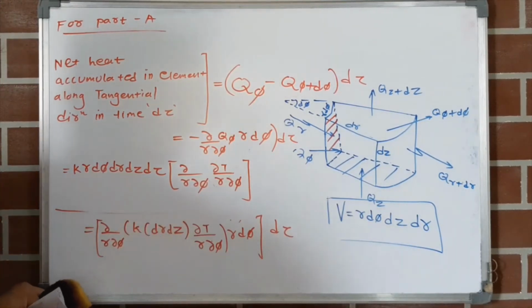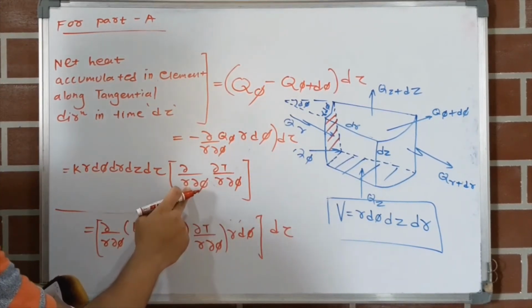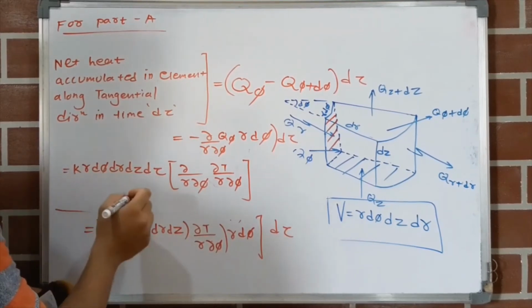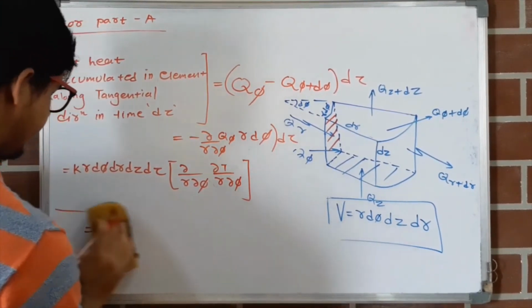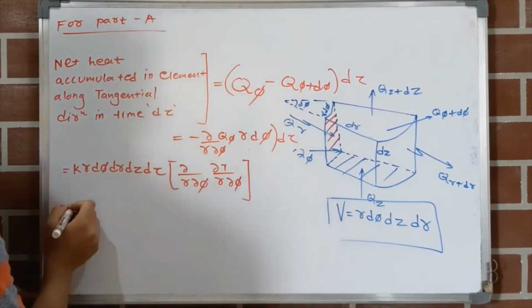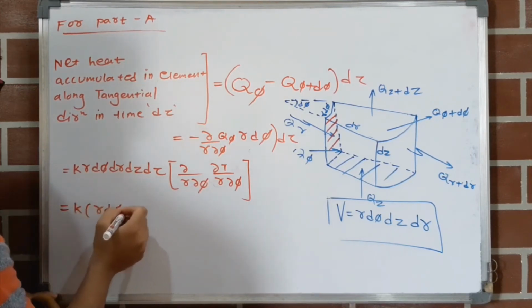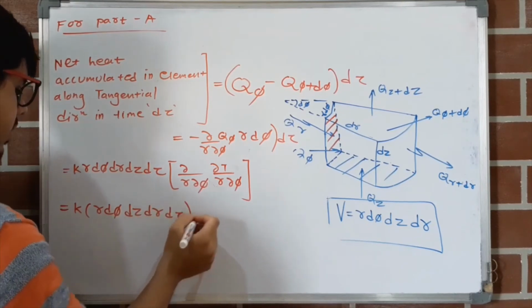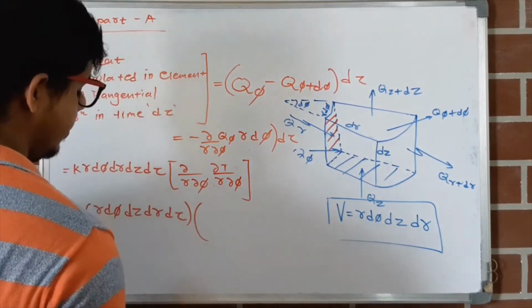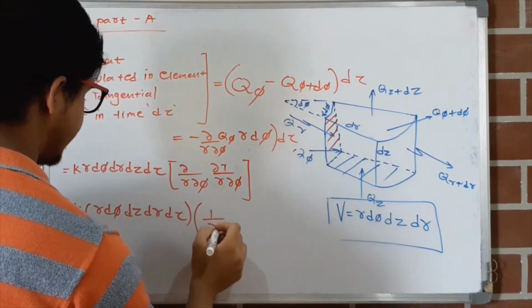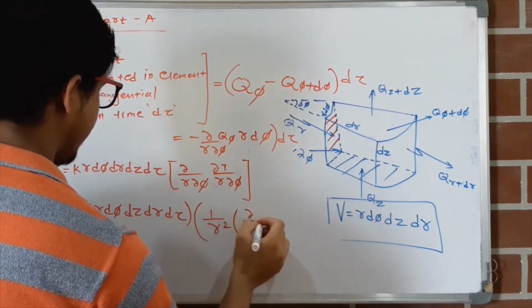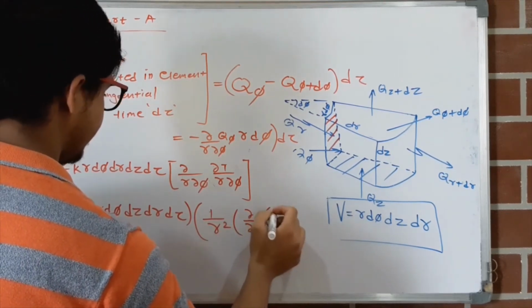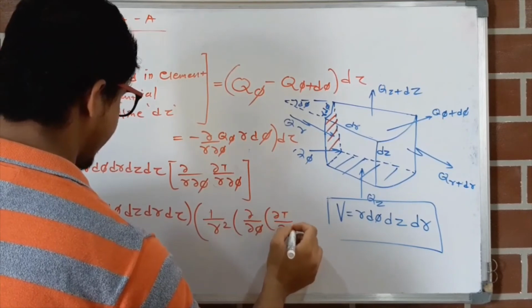So this R and this R will be multiplied. Okay, so we will get, I will rub, so it is k R d phi dz dr d tau into this 1 upon R square into del by del phi into del t by del phi.